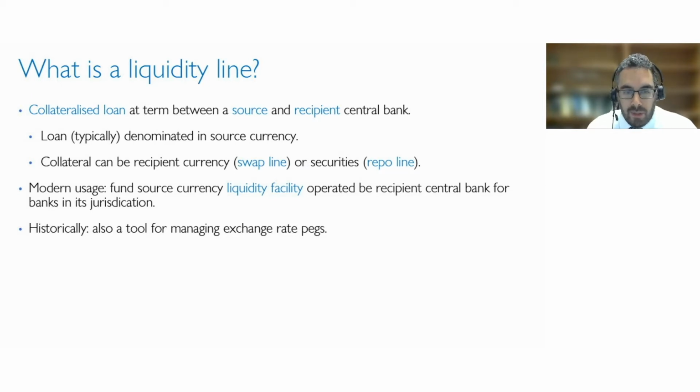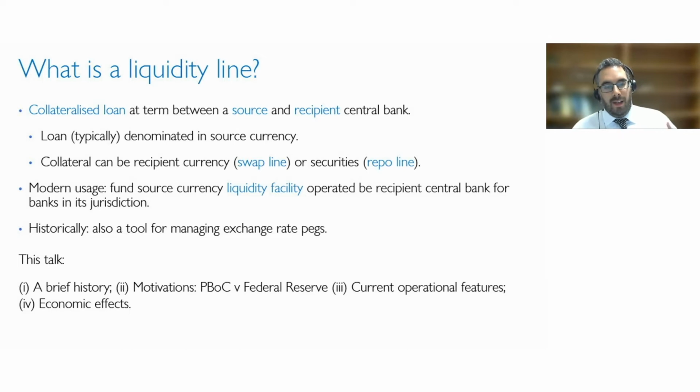In modern usage, these liquidity lines are used by the recipient central bank to essentially lend in the source country's currency to banks in their jurisdiction. That allows them to provide foreign currency liquidity to their domestic banking system.